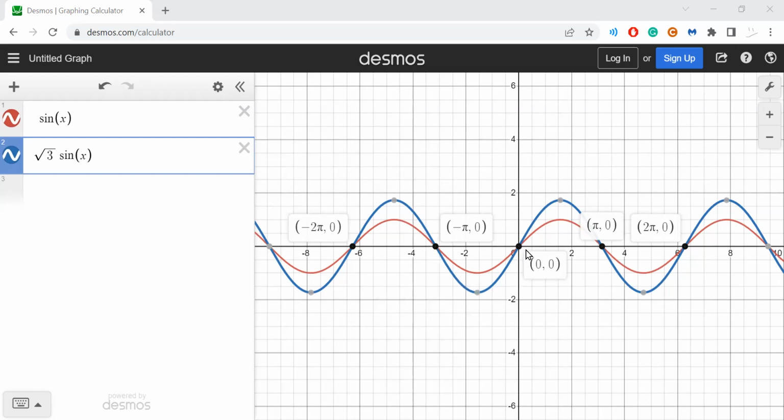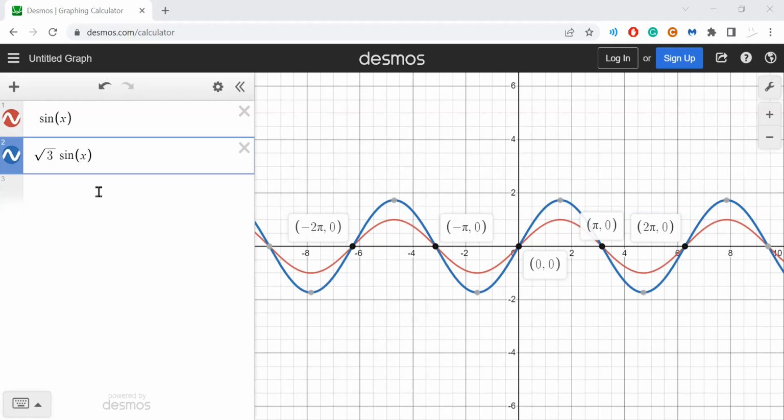So that's why it stretches further from the x-axis. The blue is like the red version, but stretched downwards for the part below the x-axis, and stretched upwards from the red one for the region above the x-axis. Basically, you stretch. Is that okay?